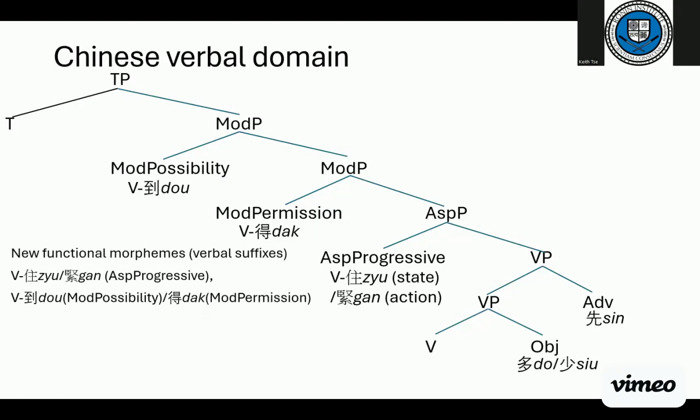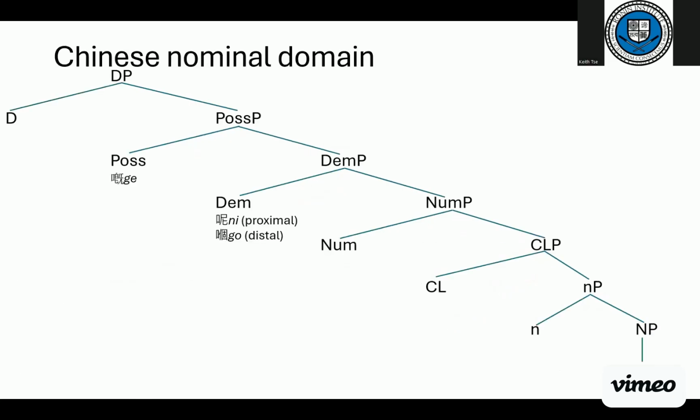So if I just summarize here, in comparison to standard Mandarin, there seem to be new verbal endings in Cantonese, such as verb 句 and verb 緊 that denote different types of progressives, and also verb 到 and verb 得 that express different types of modal meanings. And also word order, where 先, 多, and 少 come after the verb in comparison to the pre-verbal positions in standard Mandarin. And finally, in the noun domain, it seems to be something like this.